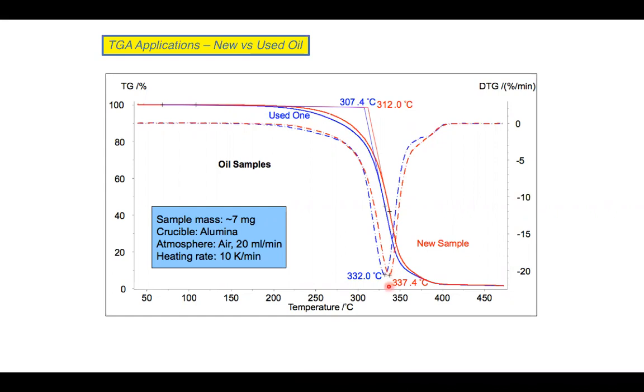So we can really use the TGA method to analyze our product to make sure that we can certify that it is in fact what it's supposed to be, that it is in fact pure, as long as we have a reference material. These are just the setup for this.